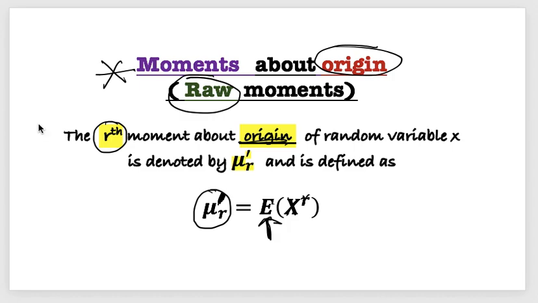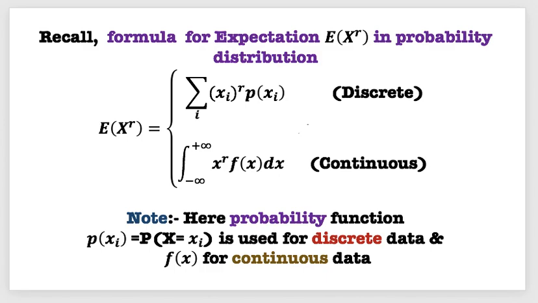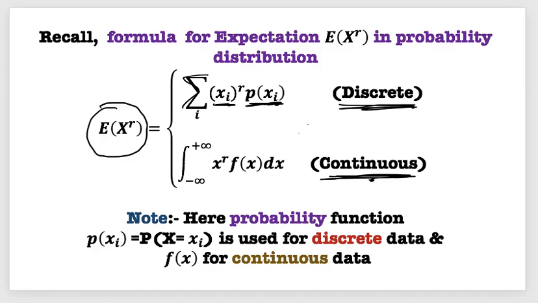Now the second point is how to evaluate the expectation. If I want to find the value of expectation of x to the power r, I can deal with either a discrete probability distribution or a continuous one. If it is discrete, we multiply x to the power r with its corresponding probability, and we take a sum.